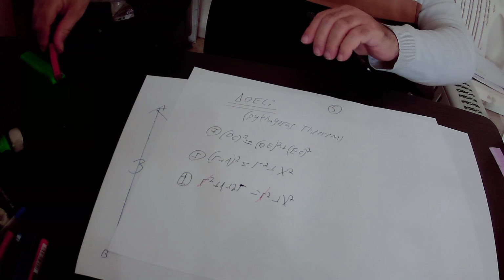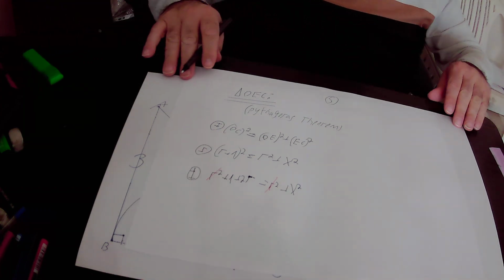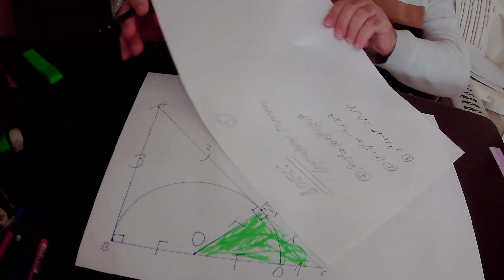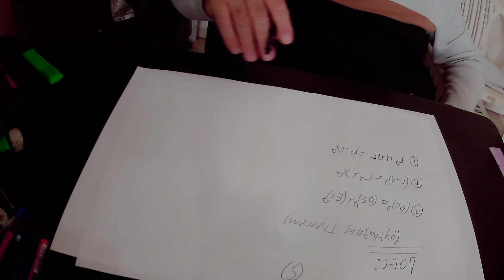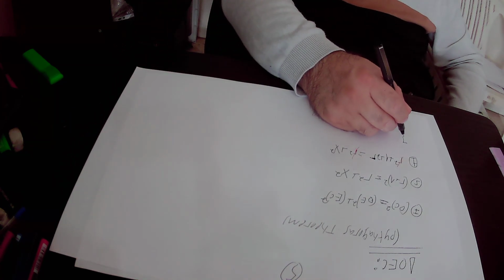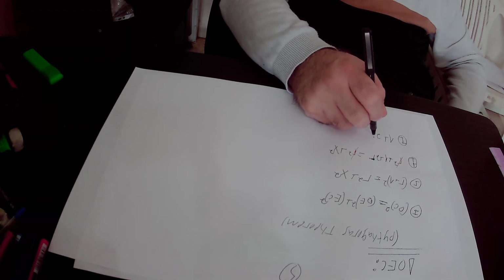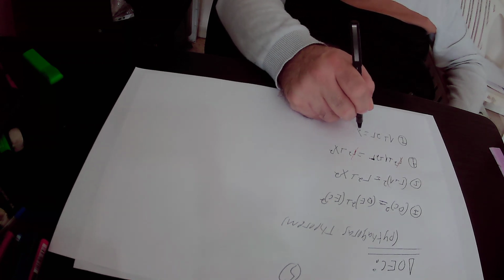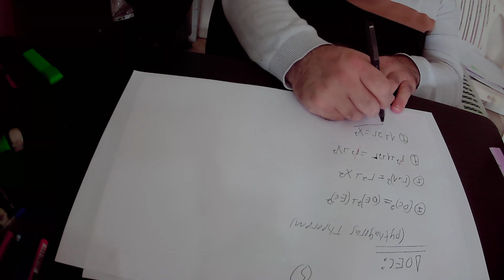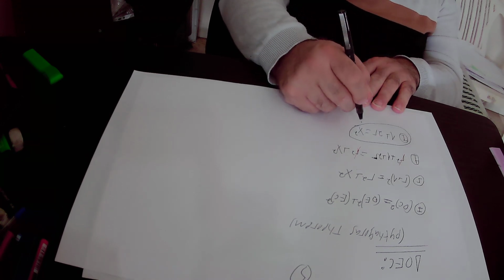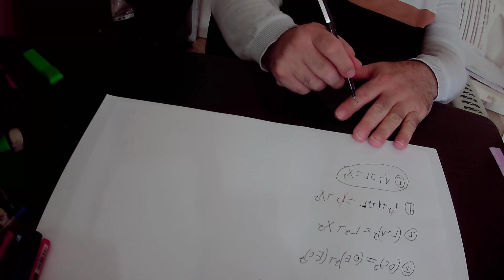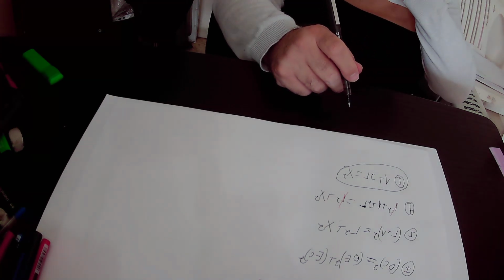What is left is 1 plus 2R equals X squared. So we found out that according to equation number 1, 1 plus 2R equals X squared.